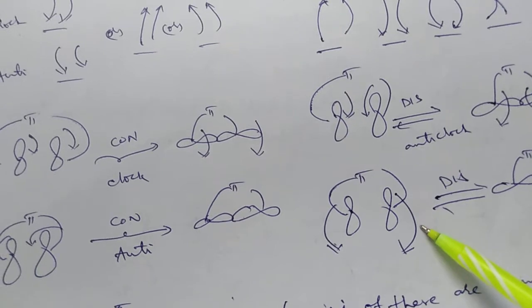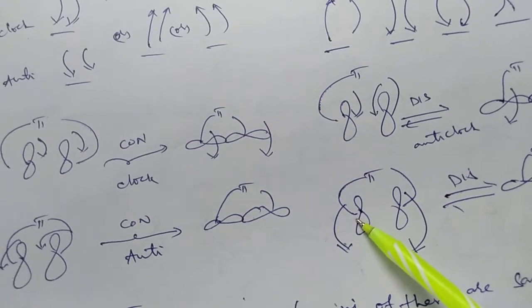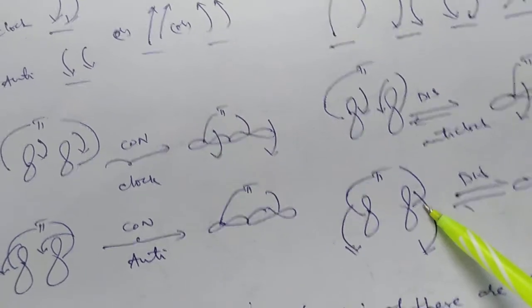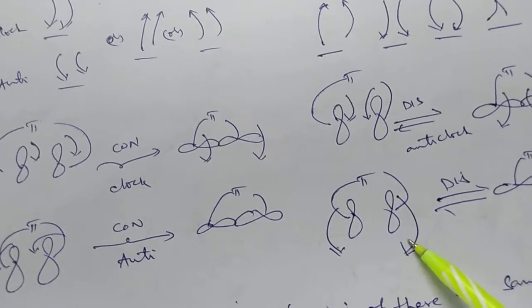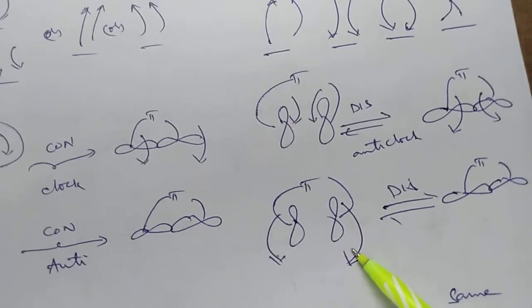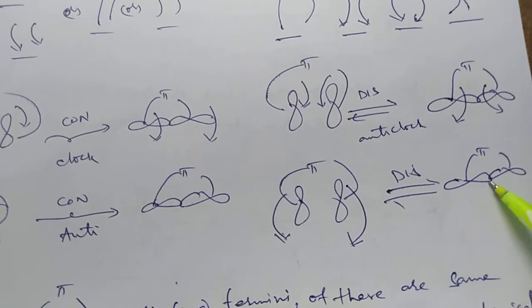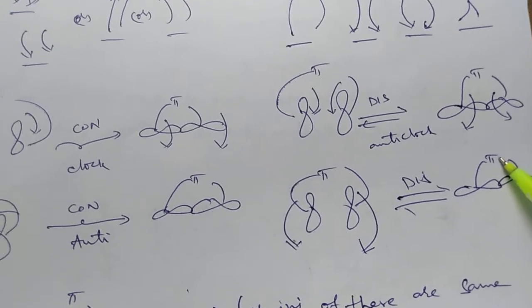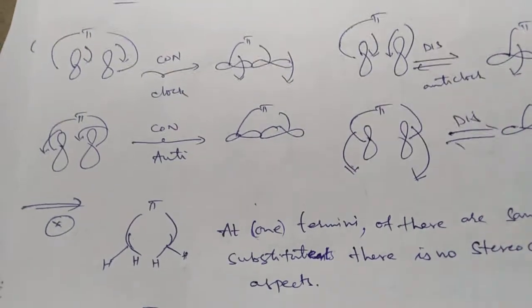Another kind of the dis mode rotation, at one termini anti-clockwise direction, another termini clockwise direction. It is also said to be this mode of electrocyclization reaction. In this also a new bond will be formed between the pi bonds. This rotation is said to be dis rotation.